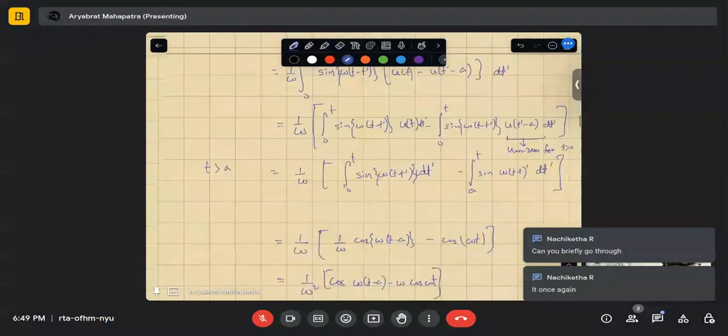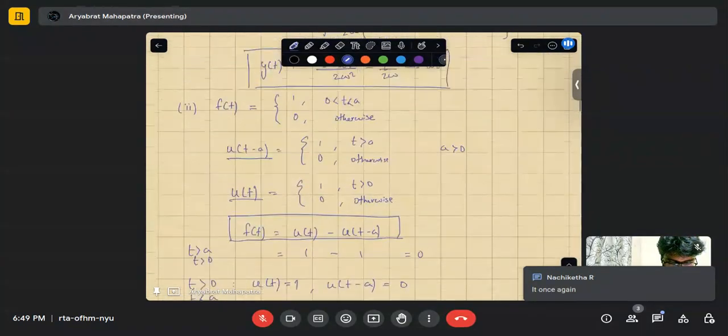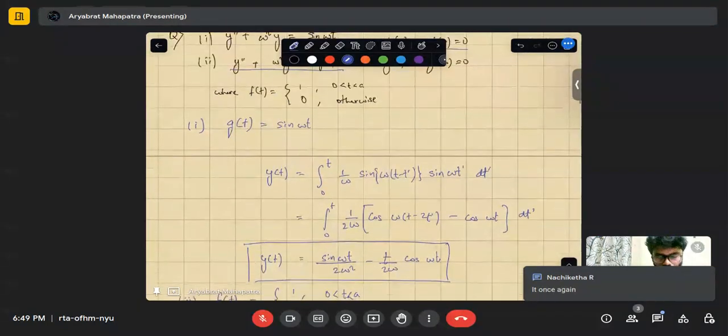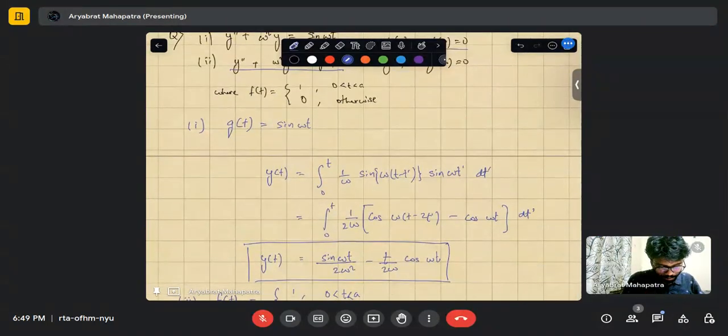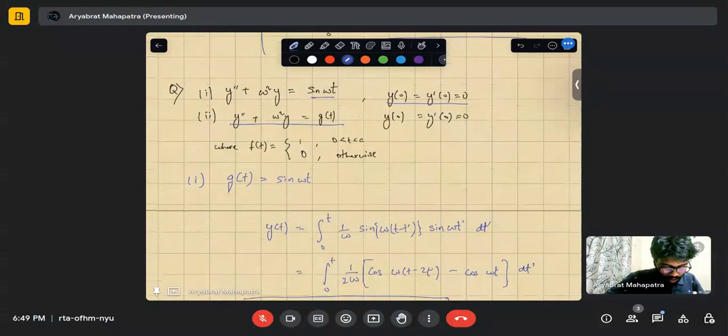So what I was doing here: you see the differential equation which is given here, that is y double prime plus omega square y equals a function of t, and you're using Green functions to solve this kind of inhomogeneous equation.